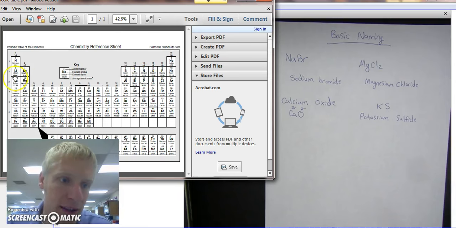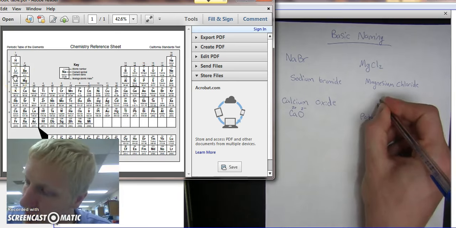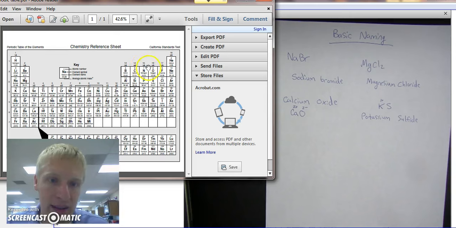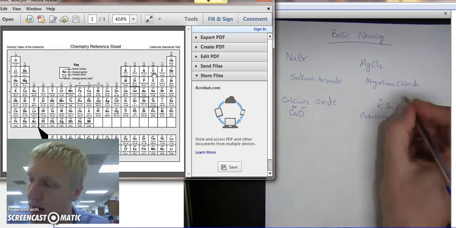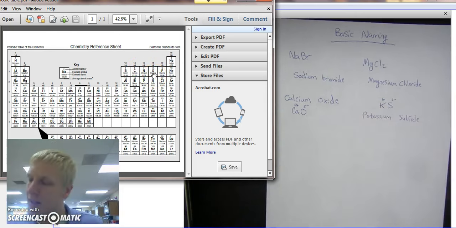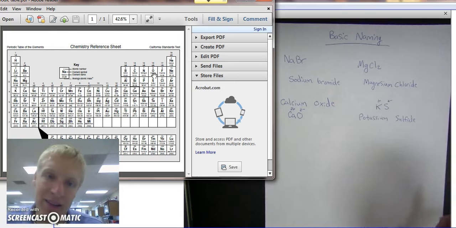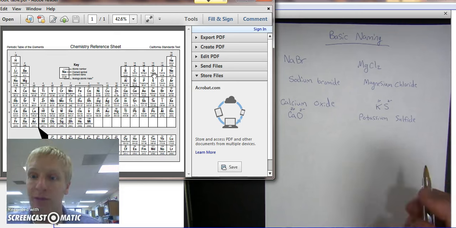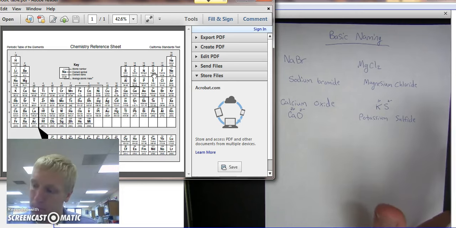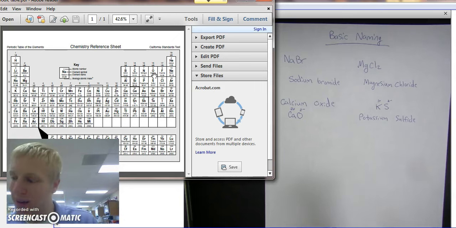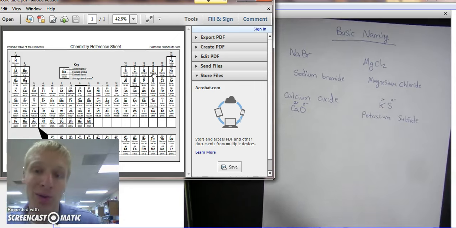Potassium is in the first column, it's 1 plus. Sulfur is in the same column as oxygen, which is 2 minus. In this case, we do not have charges that equal 0, so we're going to have to do a little puzzle to figure out how many pluses equal minus 2.